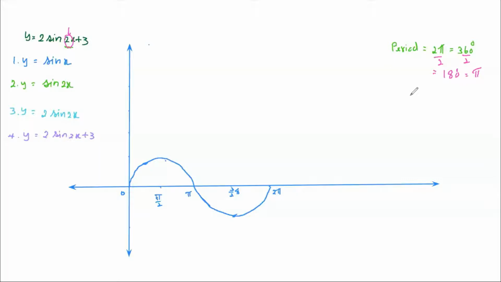But first of all, say we have sine equal to sine 2x. This x, remember when we learned the transformation of exponential functions and logarithmic functions, this relates to k, right?